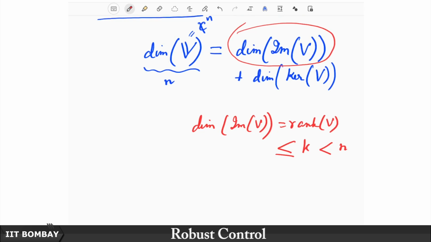So, what does this mean? I am again referring to this particular step here, this rank nullity theorem.